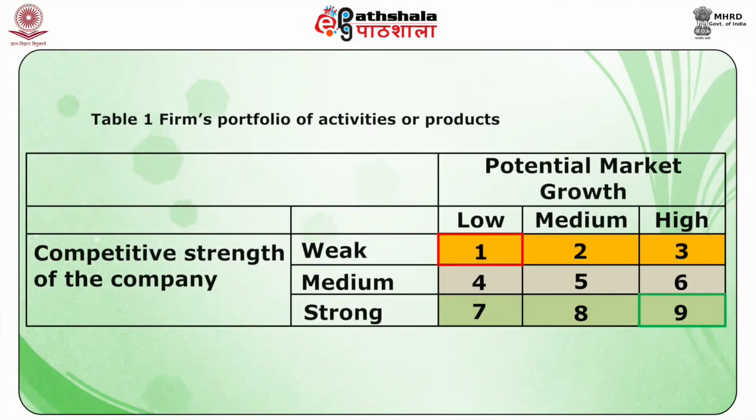Products in box 9 make greater net profit contribution per unit sold as compared to the products in box 1. Activities in boxes 1 to 6 will make lesser contribution compared to activities in boxes 7 and 8.